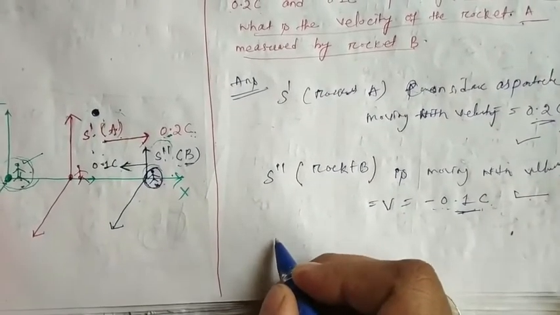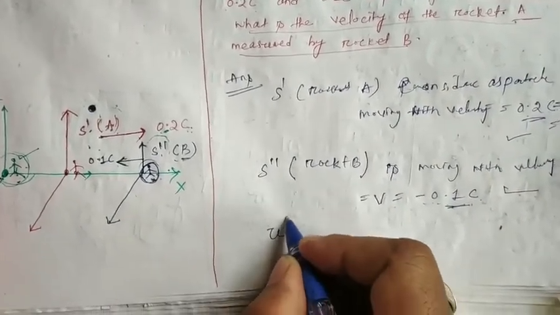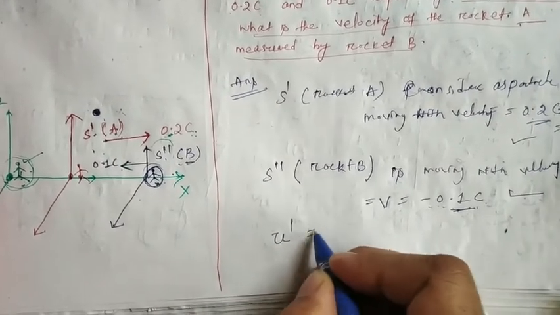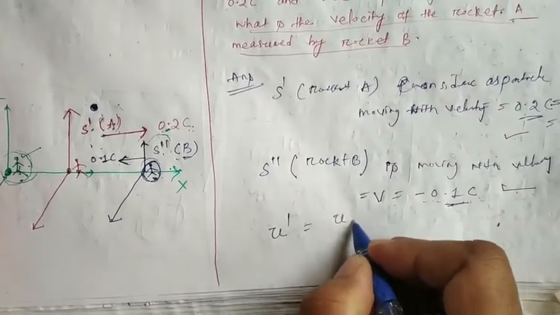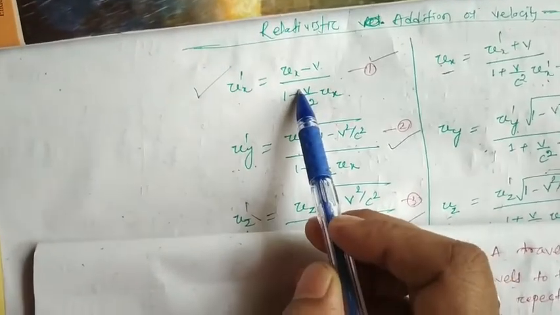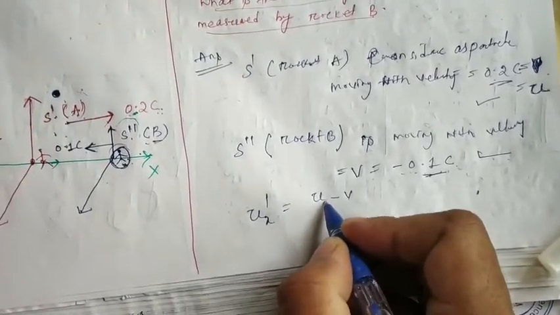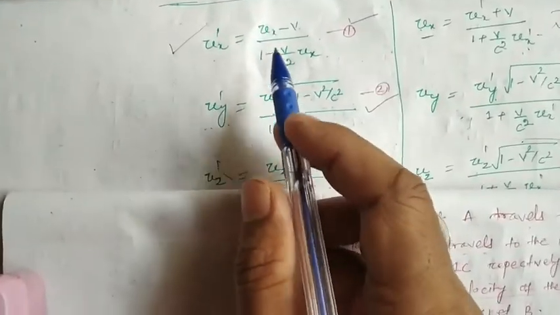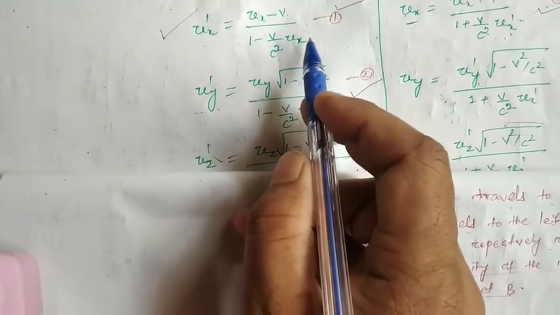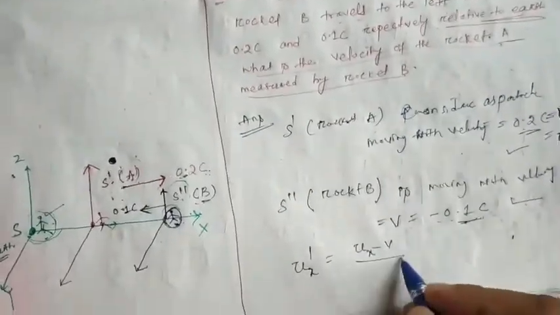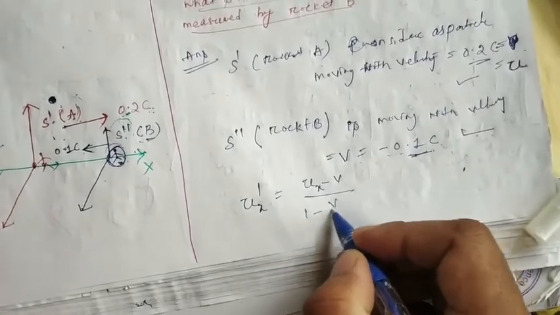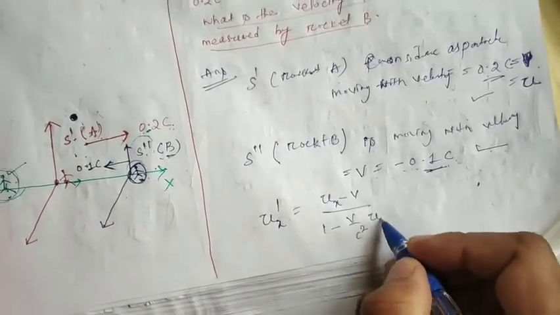That is considered as u dash. u dash equal to how much? As the motion is only along the x axis, we consider only the x component. First we have to write the x component form: ux dash equal to (ux minus v) divided by (1 minus v ux by c square).